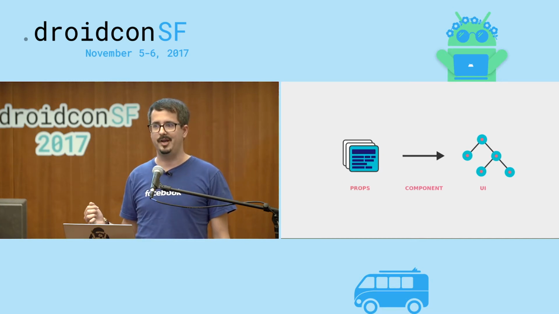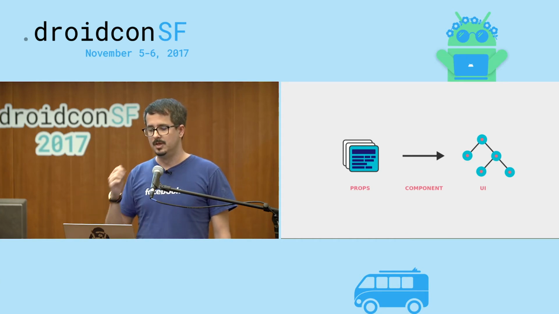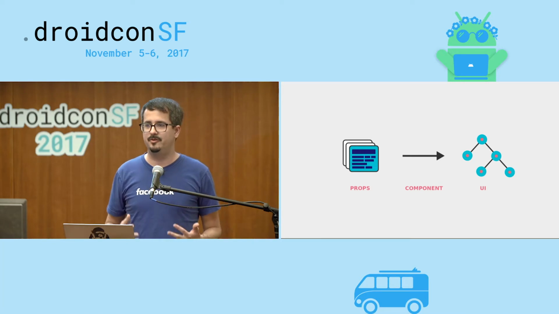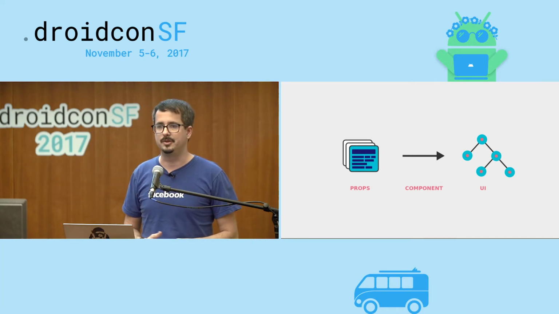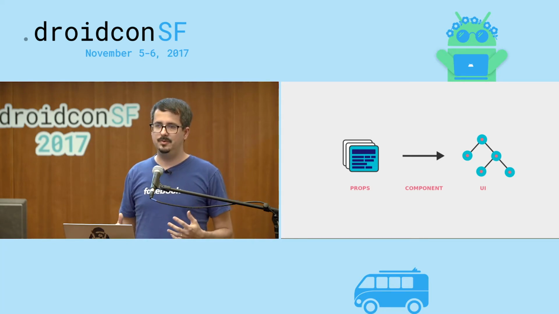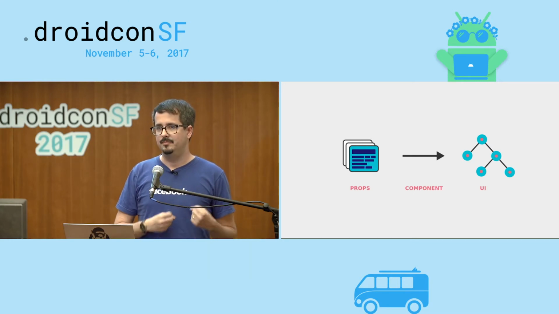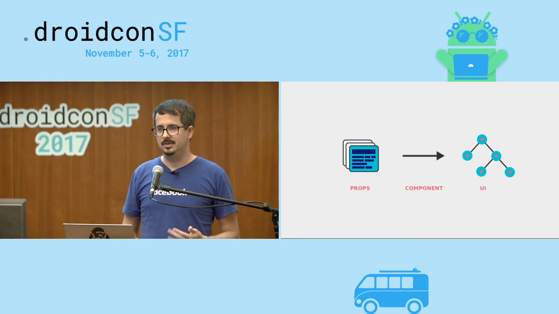Who here is familiar with React? Cool. So React brings a more functional style way of thinking about UI. The idea with the React programming model is that given immutable props, immutable inputs, you're going to generate a UI.